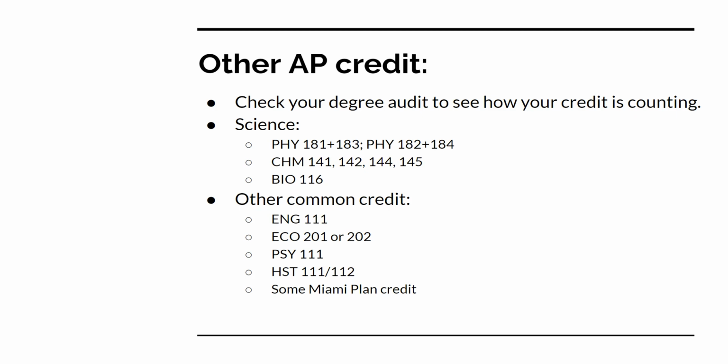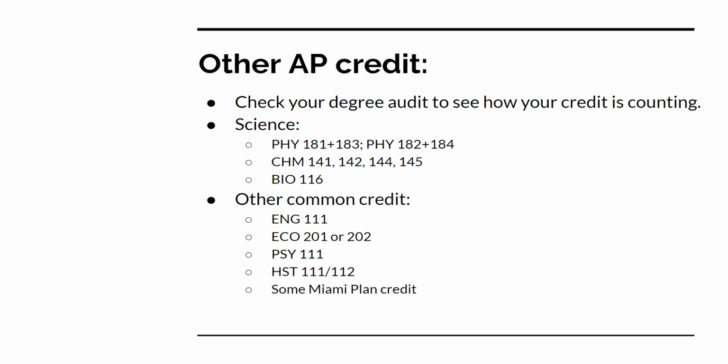Same thing with chemistry. Chem 141 and 142 counts as Chem 1, and then 144 and 145 could count for your Chem 2. So those are your labs that associate with those classes. And then if you took AP Bio, it could count as your Bio 116.